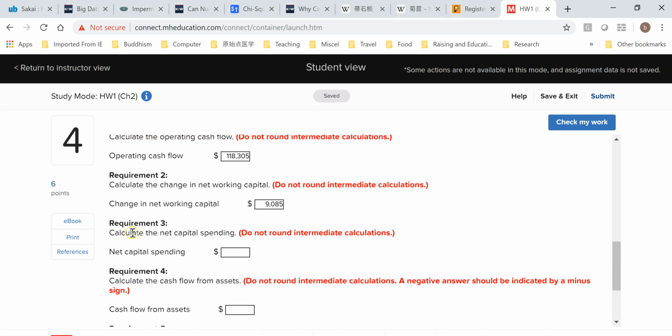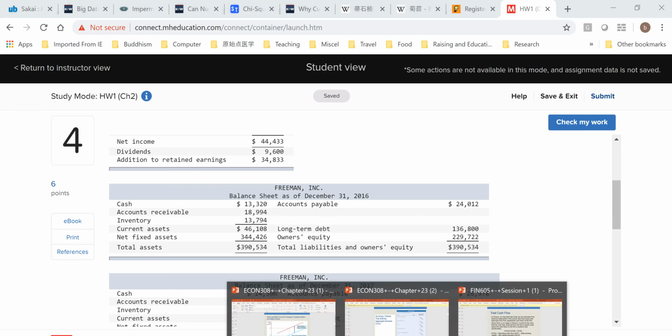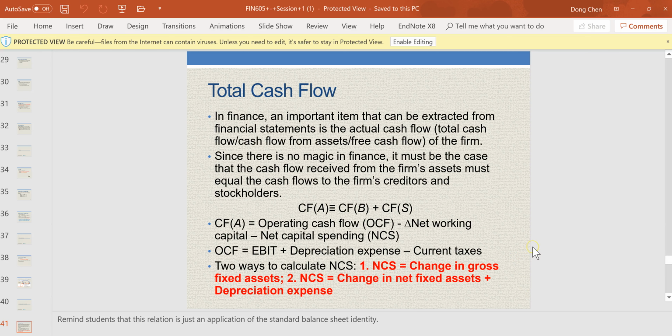Requirement 3, calculate the net capital spending. We talk about 2 ways to do the net capital spending calculation. First is based on the gross fixed assets, that's the change in gross fixed assets. If we check our next slides, the net capital spending is 2 ways.